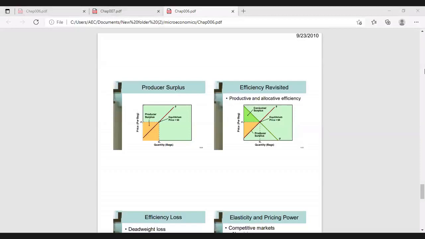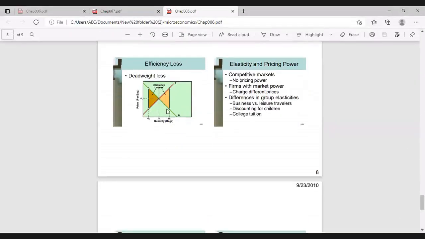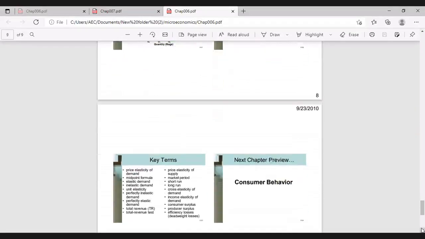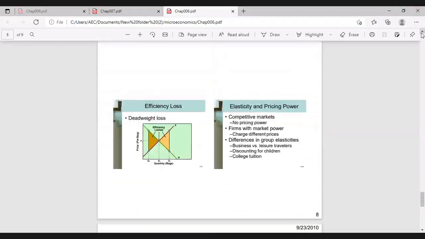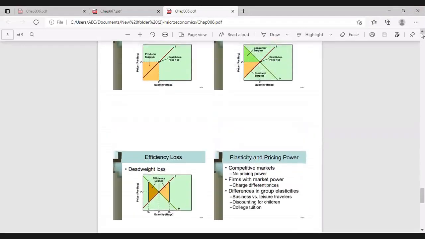If we under-allocate and produce less than this equilibrium quantity, then we are losing some benefit. That loss we call deadweight loss.